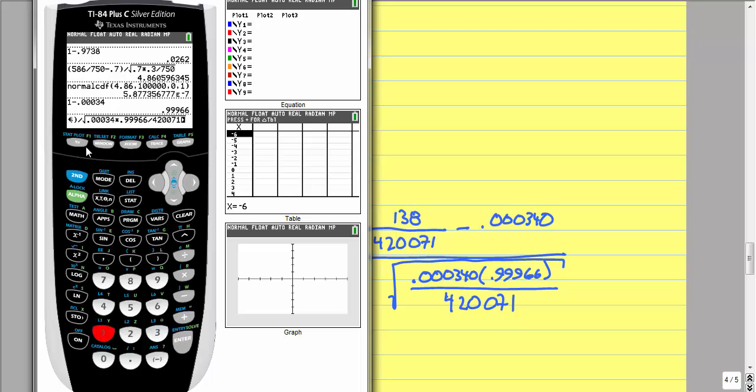This is all underneath the square root sign. So it looks like to me we get a value of negative 0.40373.